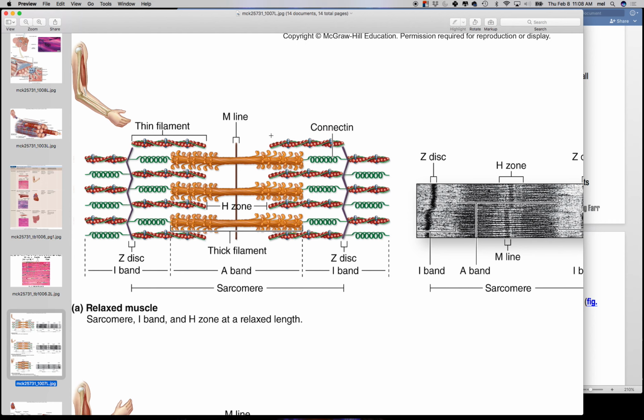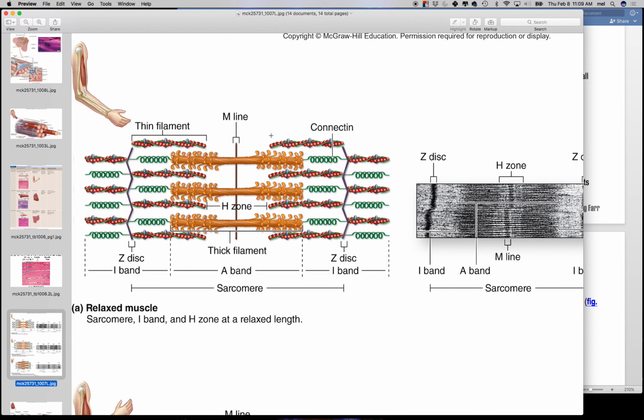From jagged line to jagged line, this is called a sarcomere. This is like the boxcar, right, of the train. Okay. The jagged lines are called Z-lines or Z-discs. This textbook calls them Z-disc. I don't care if you call it that. Most textbooks call them Z-lines. Whatever. Z whatever. Okay? All right.